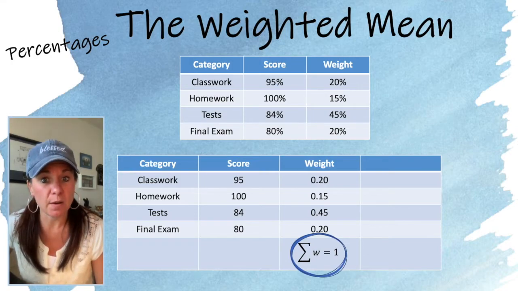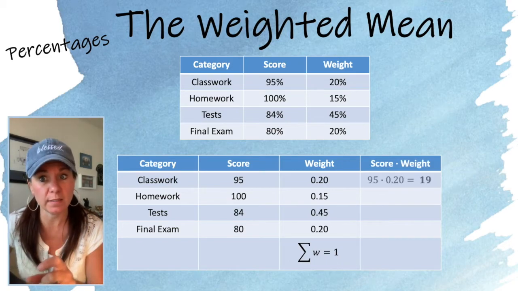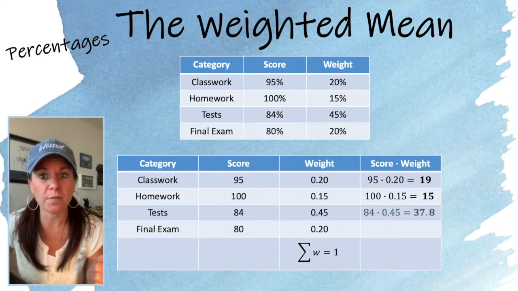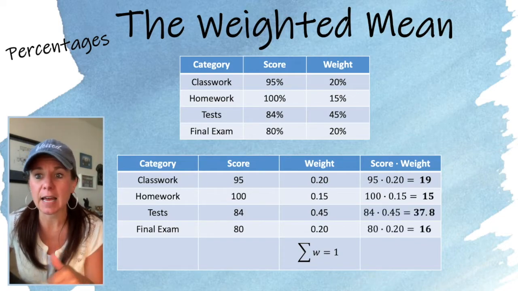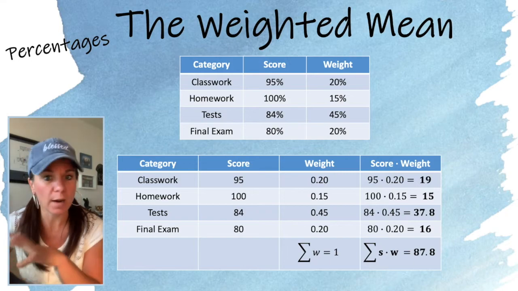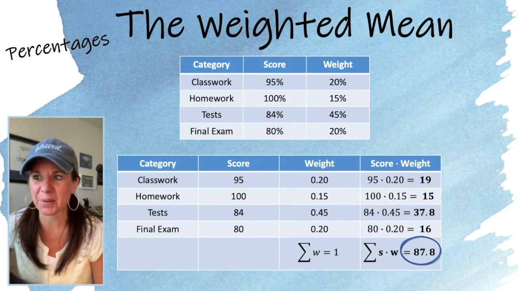Now, similar to how we did balances versus days, we're going to do score times weight, okay? 95 times 0.2, 100 times 0.15, 84 times 0.45, 80 times 0.2. Add all those numbers up and we get 87.8. We're not dividing because we did that when we made the weights into decimal form, okay?